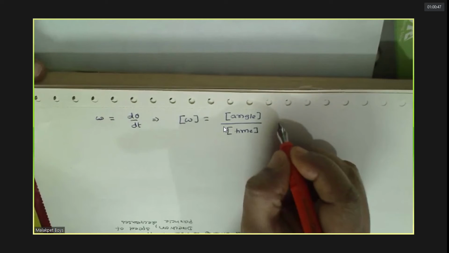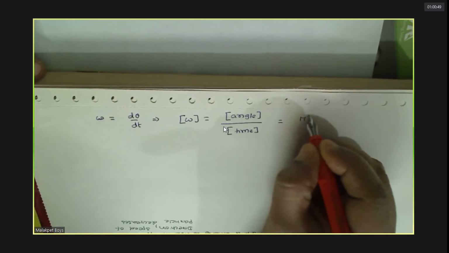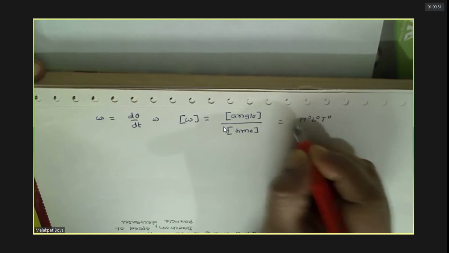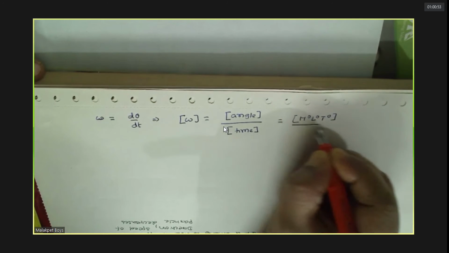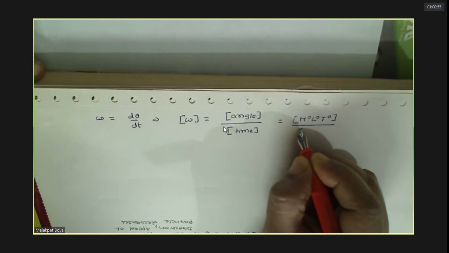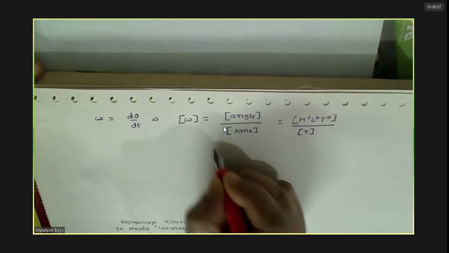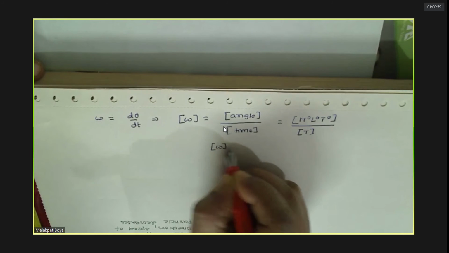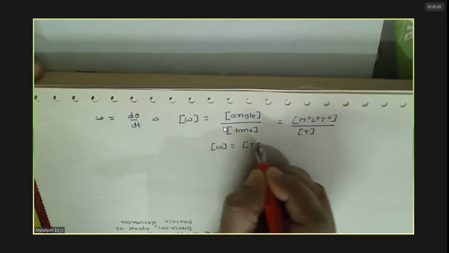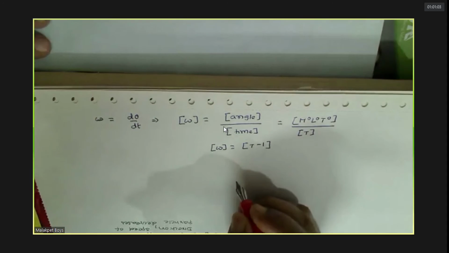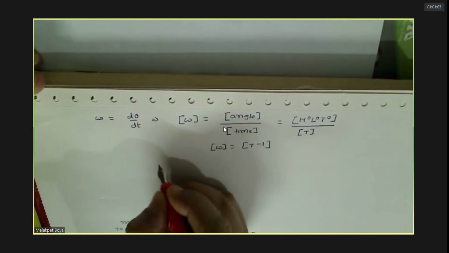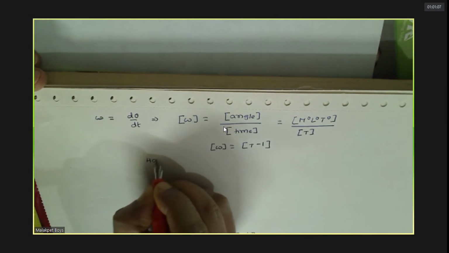Angle has no dimensions. So you have angular velocity dimension simply T to the power minus 1. Great. Now, what is the unit?